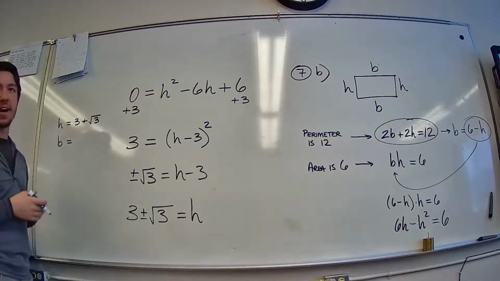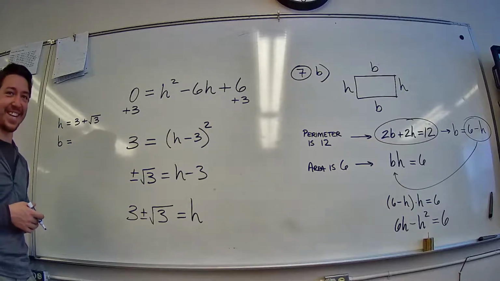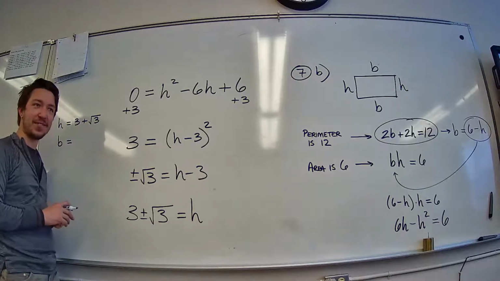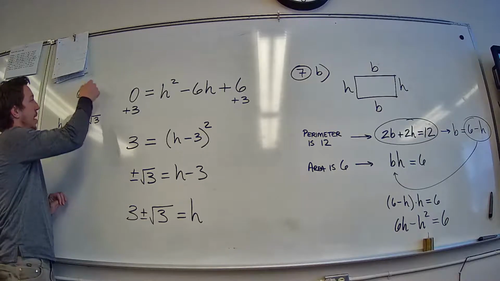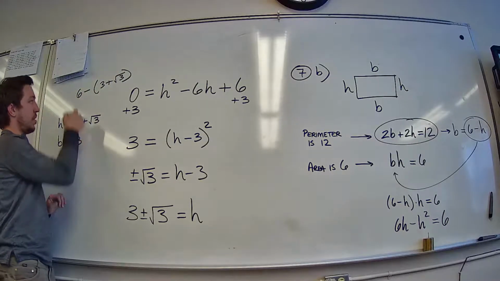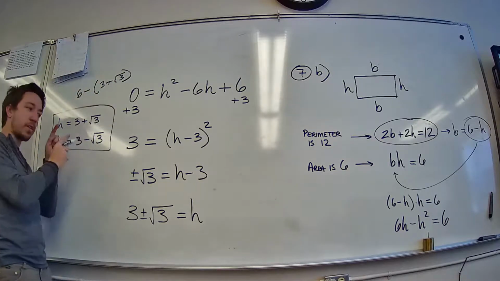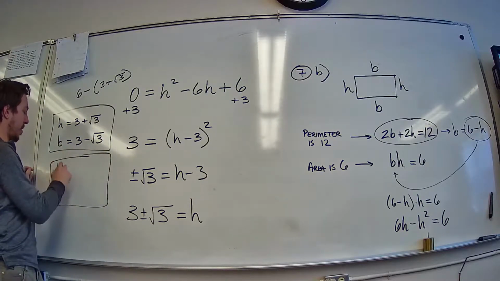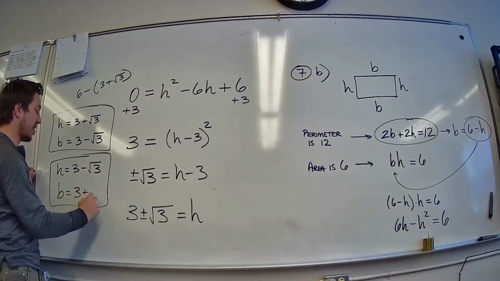Think about 6 minus that. 6 minus (3 plus root 3) gives you 6 minus 3 minus root 3. Likewise, if you check the other h value, what if h was 3 minus root 3? Then b would be 3 plus root 3.